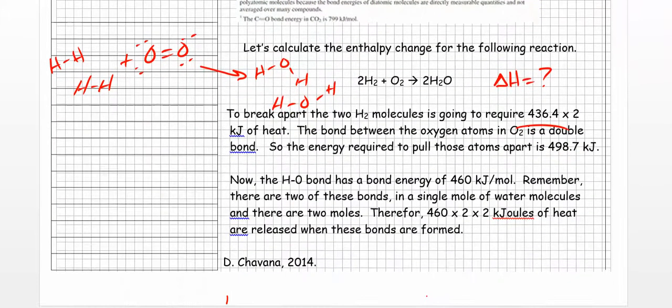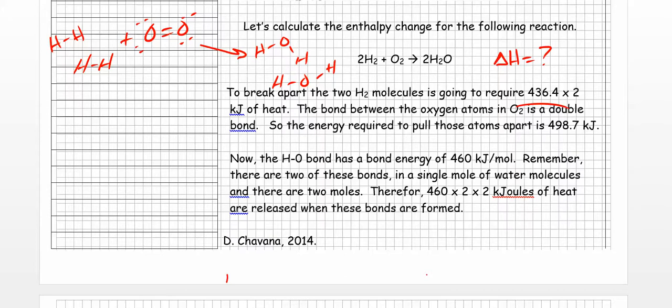Again, the energy required to pull these atoms apart is 498.7. Now, the H-O bond has a bond energy of 460 kilojoules per mole. Remember, there are 2 of these bonds in a single water molecule, and there are 2 moles. Where did the 460 come from?